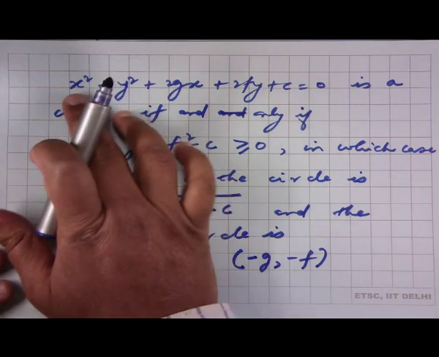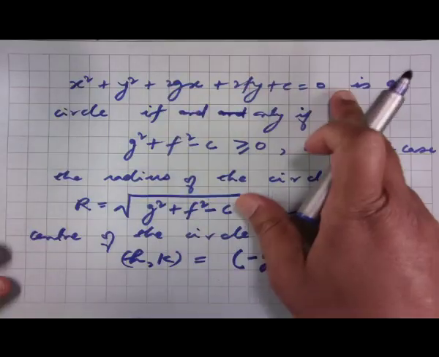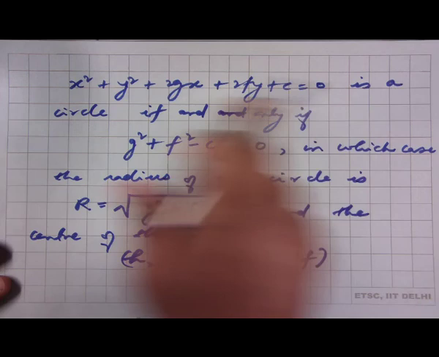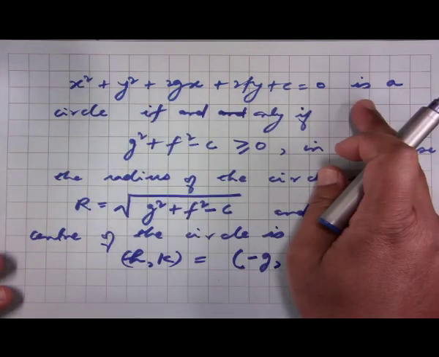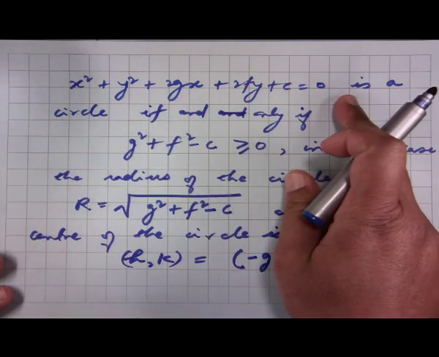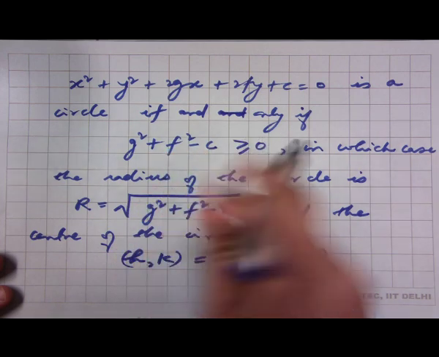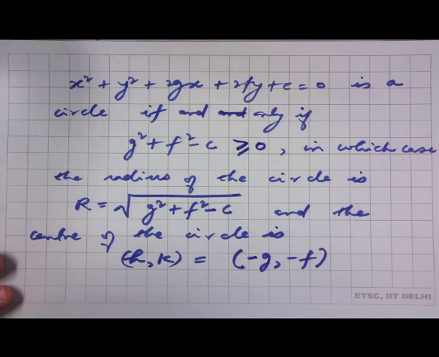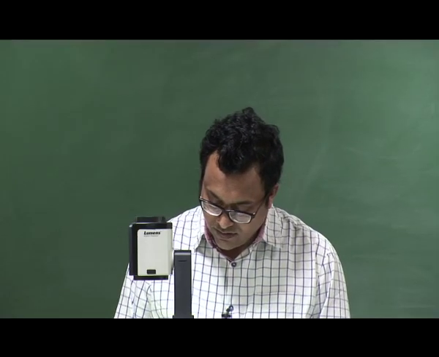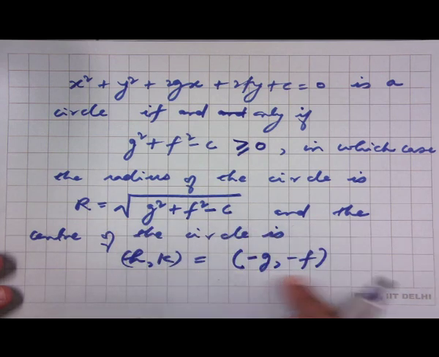Hence, we conclude this lecture with the understanding of this general form of the equation of a circle, where we saw that this represents a circle if and only if g square plus f square minus c is non-negative, in which case this is the radius of the circle and minus g comma minus f is the center of the circle.